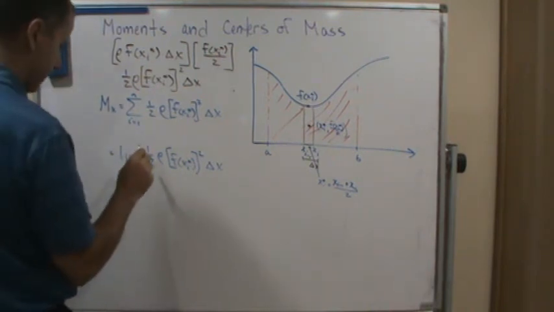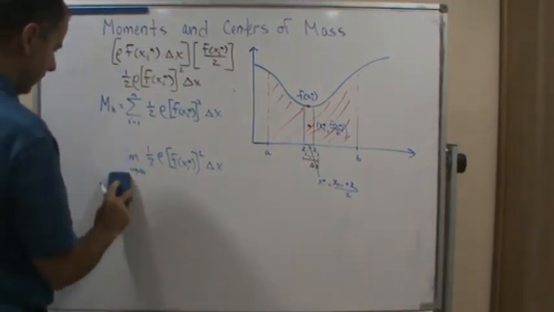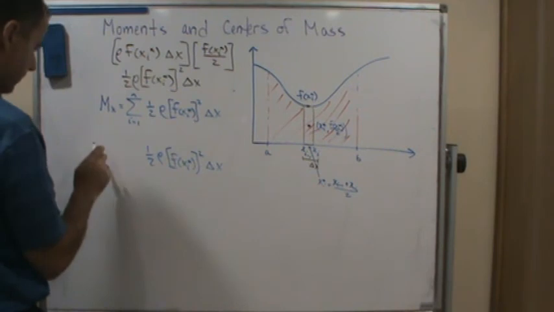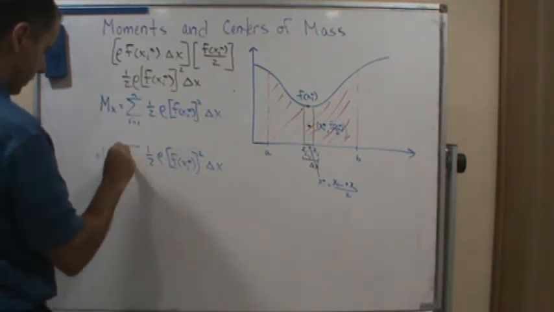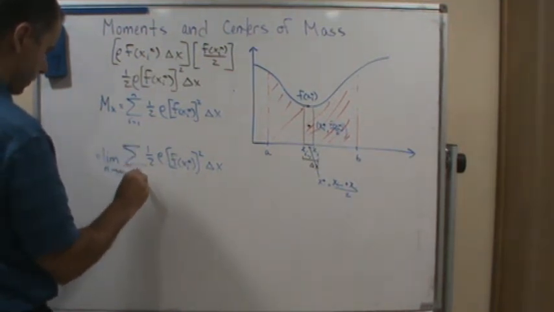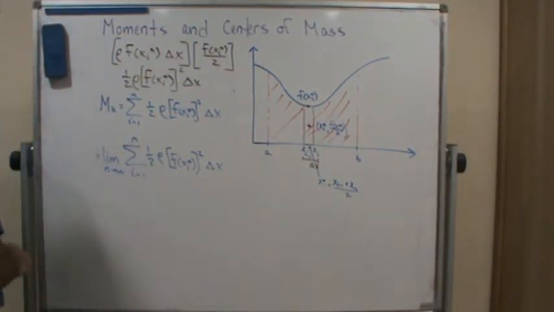Oops, the summation. I dropped the summation. So this is going to be the limit of the summation as i goes from 1 to n. There we go.